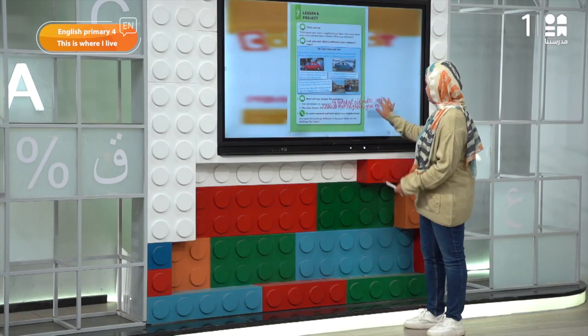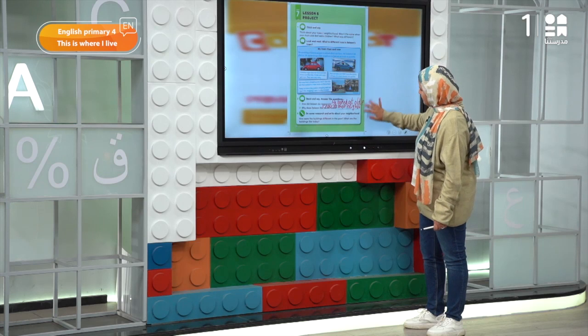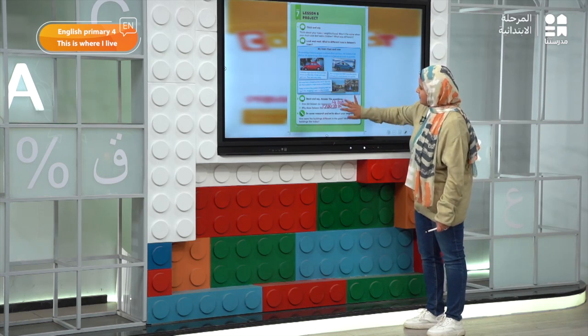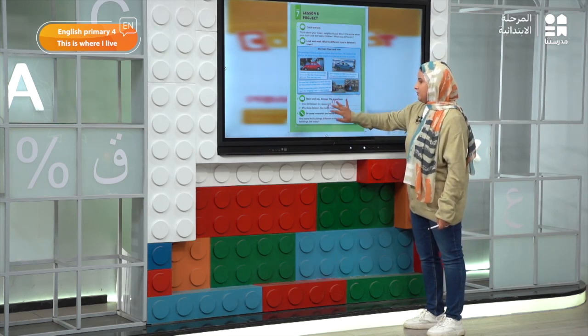Let's go to question number 2, but I have to erase this first in order to have enough space to write the answer. So let's erase it first. Please read question number 2.